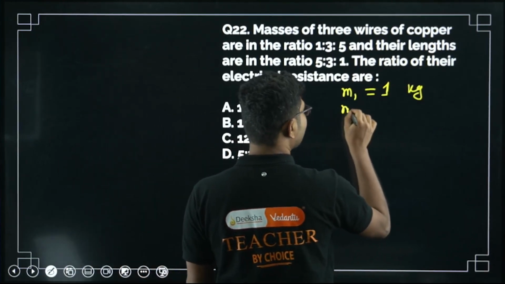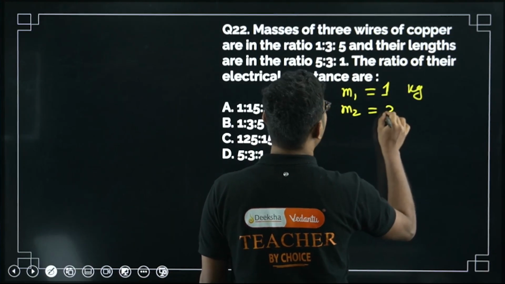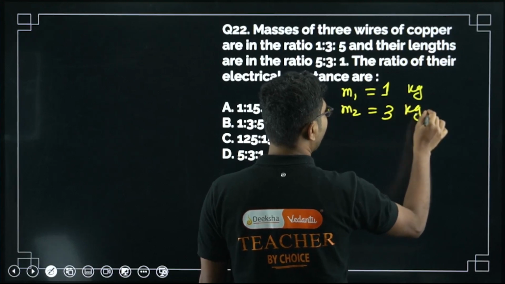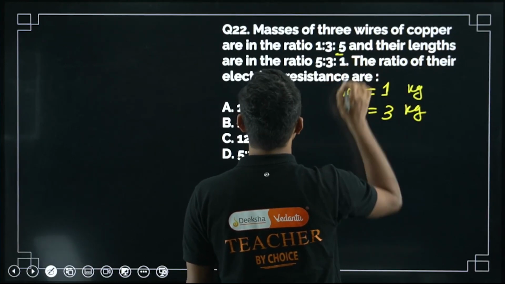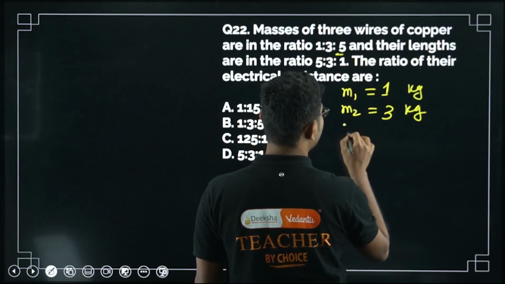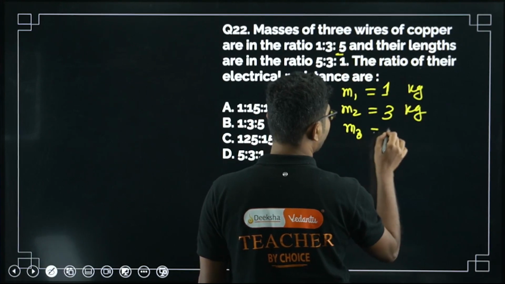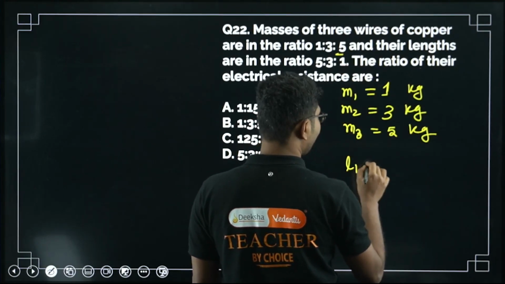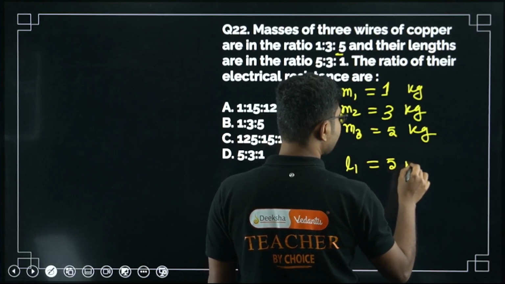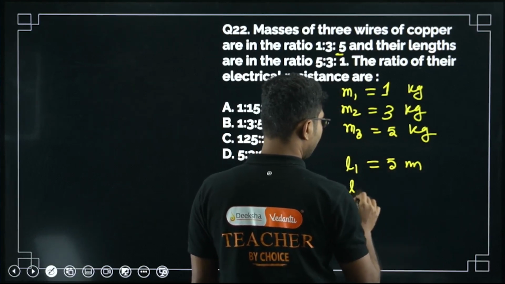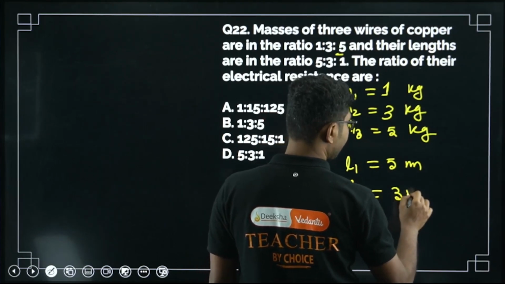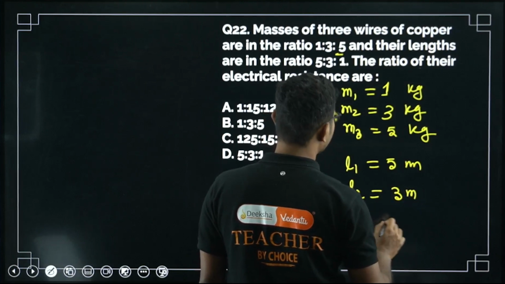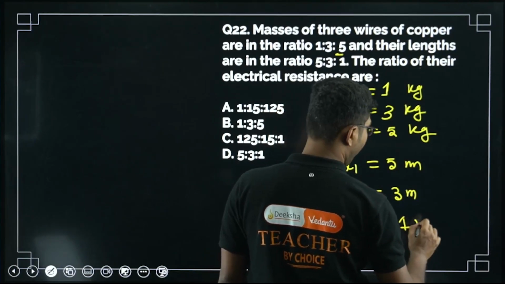So the mass of the second wire will be 3 kg, and the mass of the third wire will be 5 kg. Similarly, the length of the first wire is 5 meters, length 2 is 3 meters and length 3 is 1 meter.